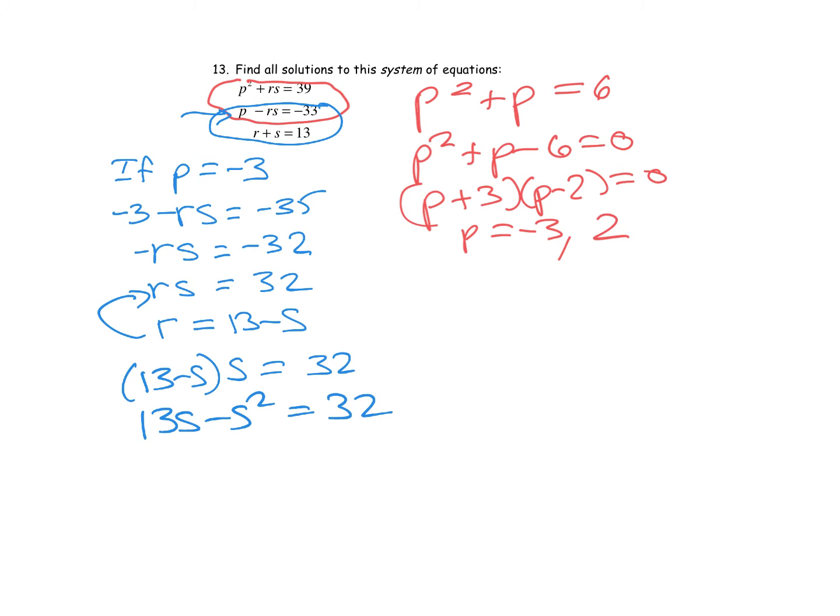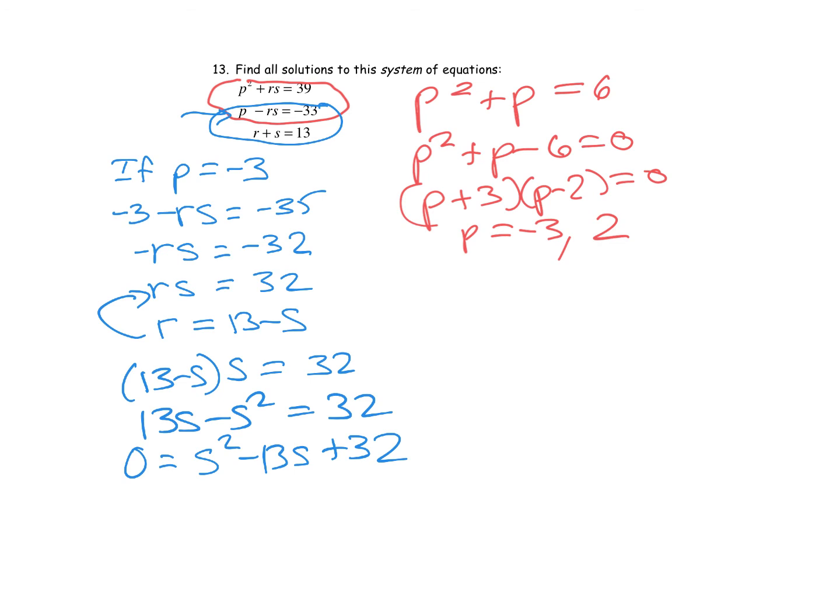So let's bring everything to one side. I like when the leading term is positive. So s squared minus 13s plus 32 equals 0. And let's see if we can solve for s here.